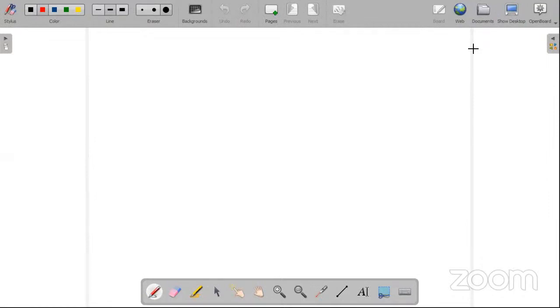So first of all, let's start with this session. Today's session is based on beam analysis and design using STAAD Pro, and let's try to analyze and design the beam using STAAD.